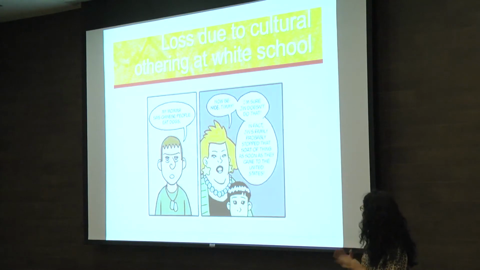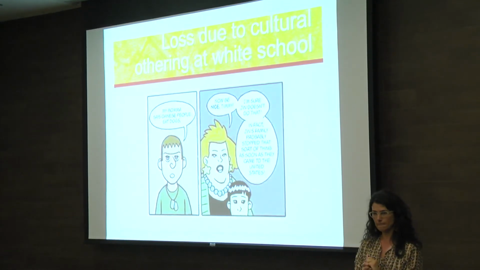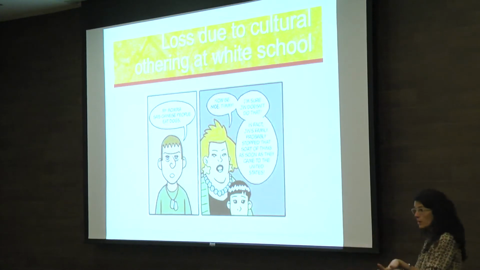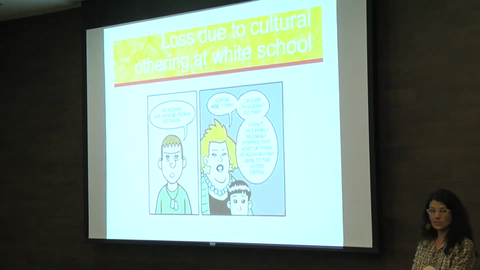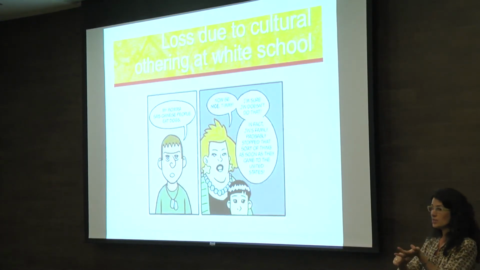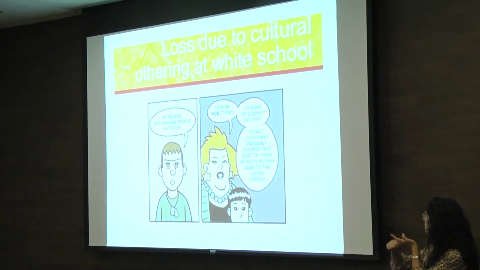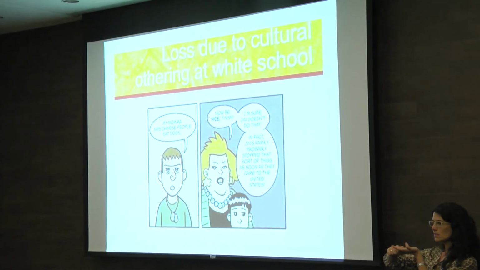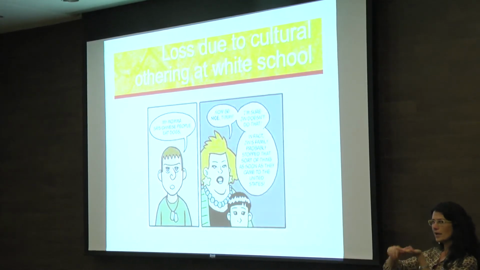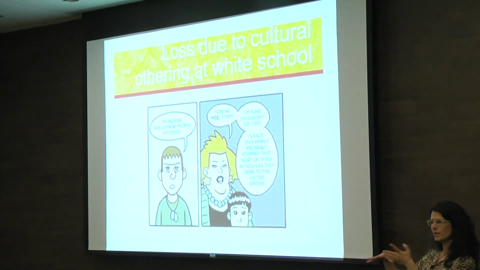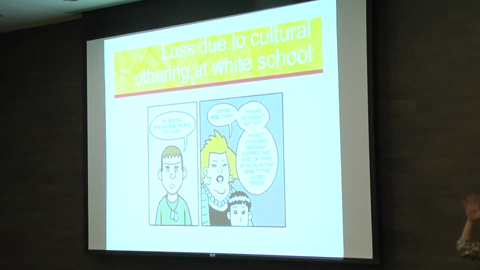In fact, Jin's family probably stopped that sort of thing as soon as they came to the United States. So what she's missing is he's American born, he's from San Francisco, right? She doesn't know anything about what Chinese people eat. And she's allowing this derogation of a cultural identity to happen in a public school space that is supposed to sanction knowledge, right? This is the first day in this school.